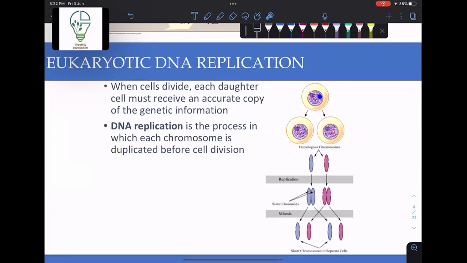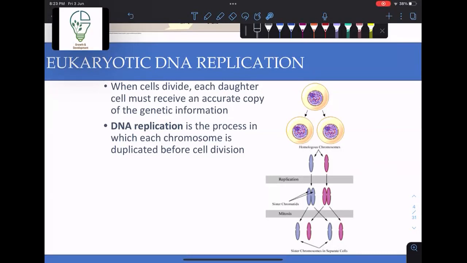The DNA basically contains your genetic information: what your hair color looks like, what your eye color is supposed to be, how tall you're supposed to be, your skin color, different things. So each cell in the body contains the exact same copy of the DNA.